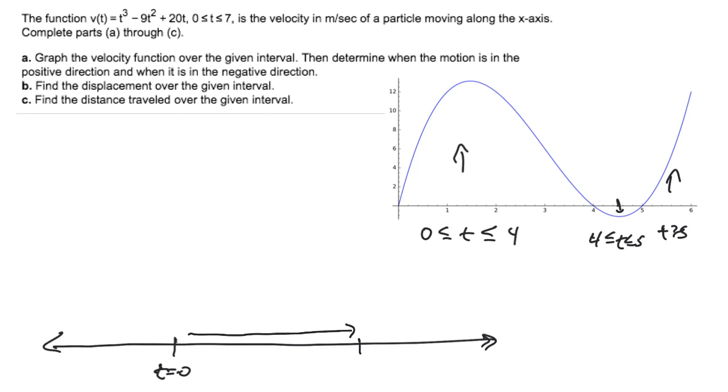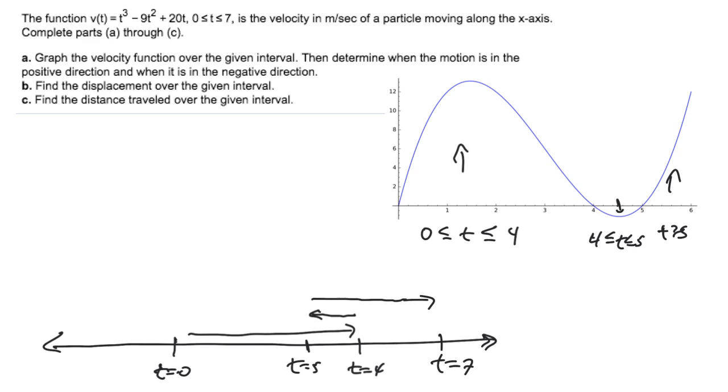And then when t is equal to 4, it backs up and comes back this way. So I have a negative velocity for t between 4 and 5, and that means I'm moving back to the left. And then it gets to here when t equals 5. And then at that point, it turns around and goes back the other way for a while until we get to t equals 7, and then it stops.